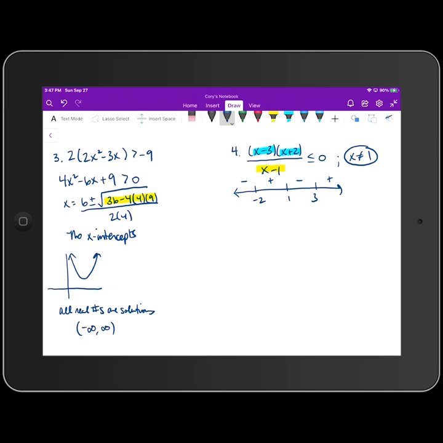Really, all you guys need to be aware of is that if the multiplicity of your 0 in either the numerator or denominator is odd, the sign is going to change on the next interval. If the multiplicity of your 0 in either the numerator or denominator is even, the sign remains the same on the next interval.